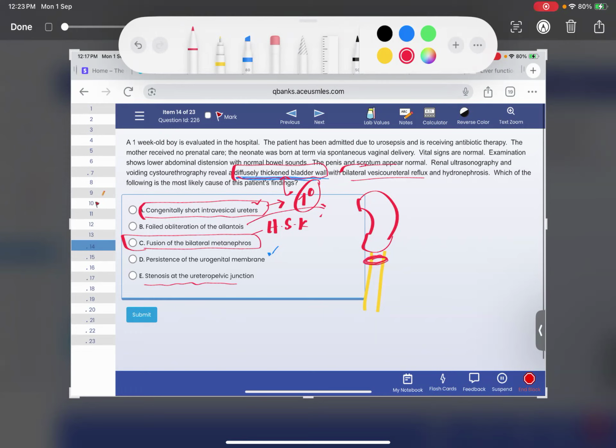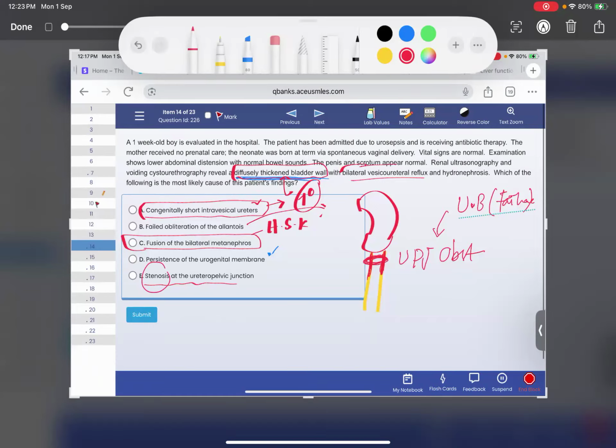It is called UPJ obstruction. Simple, right? What should be responsible for this? Ureteric bud, but we call it failure of canalization, okay? So the canalization of the tubes is not correct, they have failed, so it leads to stenosis.